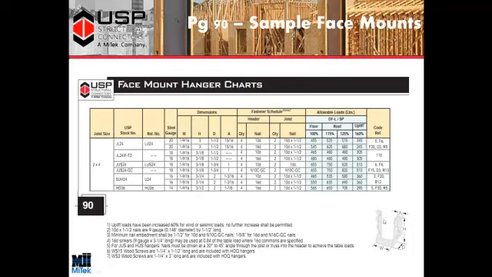So there'll be a diagram associated with each chart. So we've got W, D, H, and A in this case refers to the flange width, and that's mentioned here. There's no flange width here because this is an IF, an inverted flange hanger, so there's no dimension mentioned here.